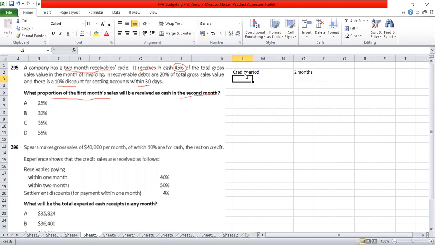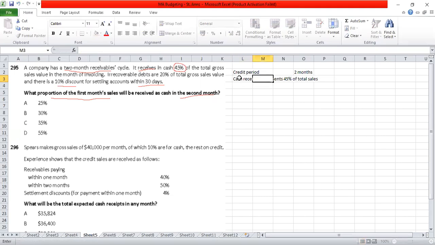Cash received represents 45% of total sales, that is gross sales before deduction, and cash received in the first month.